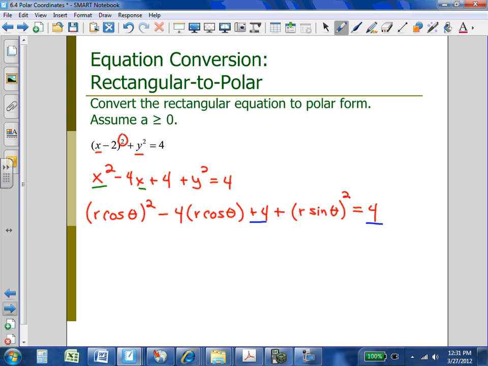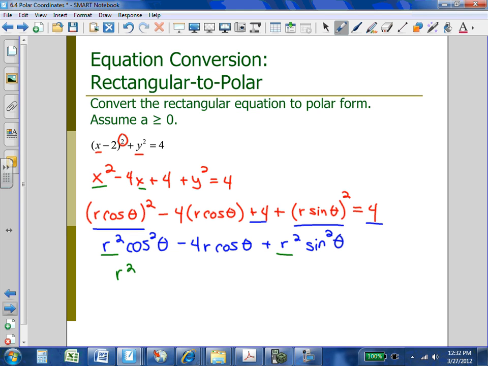Now, looking here, I need to square each of these pieces. So this is actually r squared times cosine squared theta. And then I've got minus 4r cosine theta. And the same thing is happening here. This is r squared sine squared theta. Now notice I've got a couple r squareds going on here. I've got one here, and I've got one here. So I'm going to think about regrouping those two terms together and factoring out an r squared.